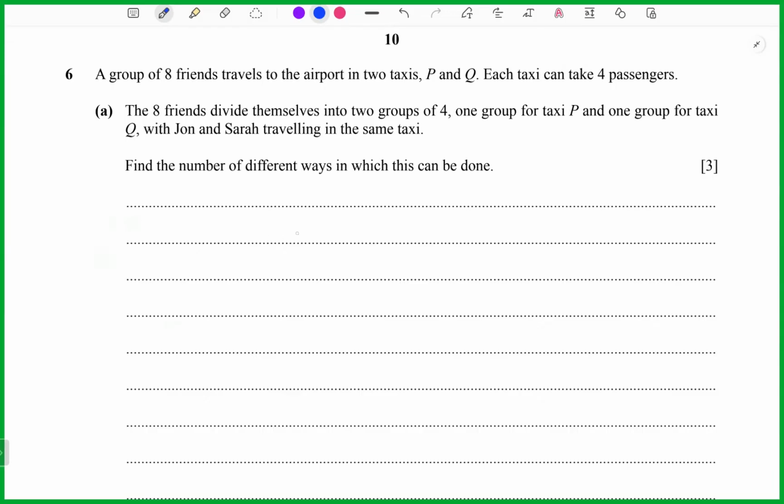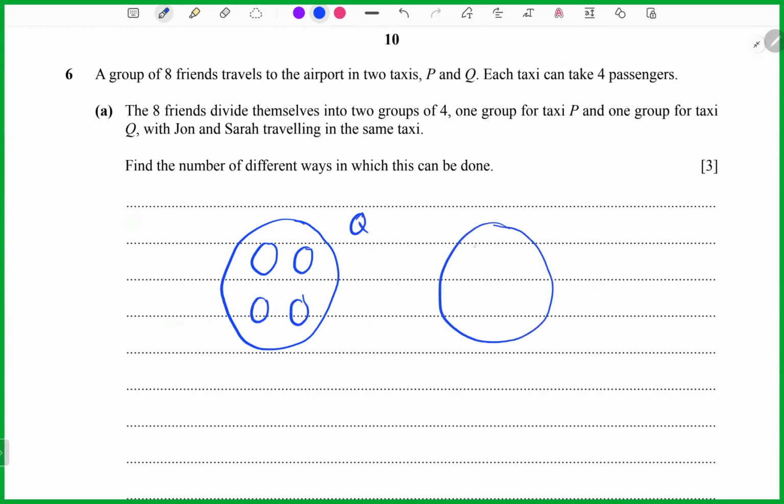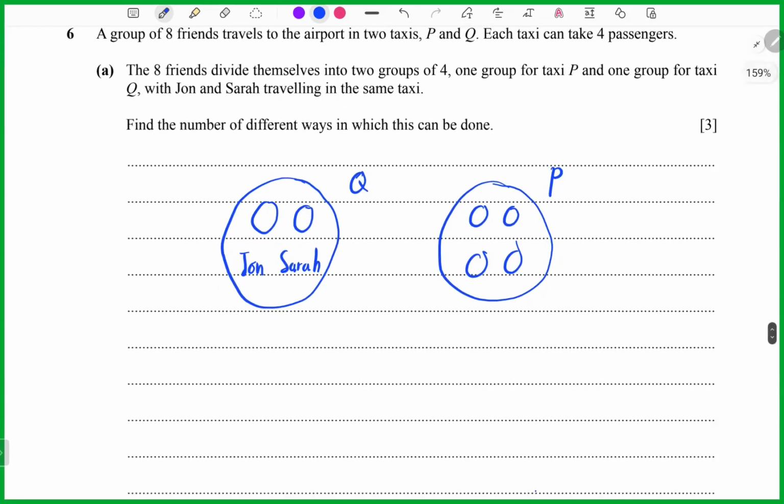Okay, so now we try to look and draw first. It means these are 4 passengers, this is taxi Q, and these are taxi P. John and Sarah are together, so now we just have the 6 persons here.